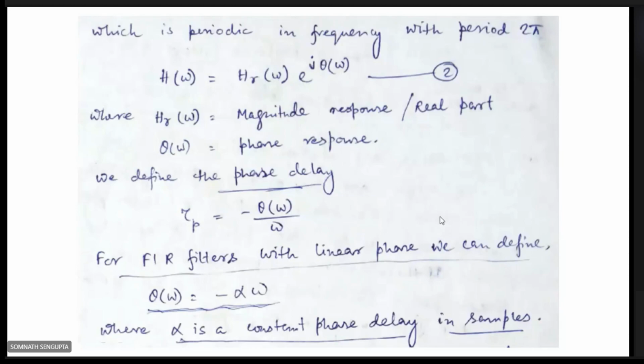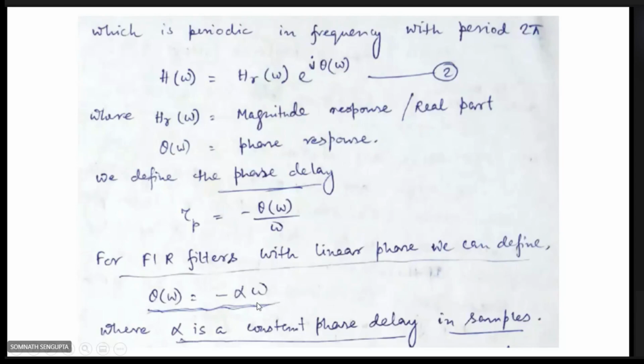If theta is linearly decreasing, then it is minus alpha omega. This is the slope. This alpha is nothing but the delay, theta by omega. So this phase delay is theta by omega, and in terms of alpha we have discussed that theta is equal to minus alpha omega.